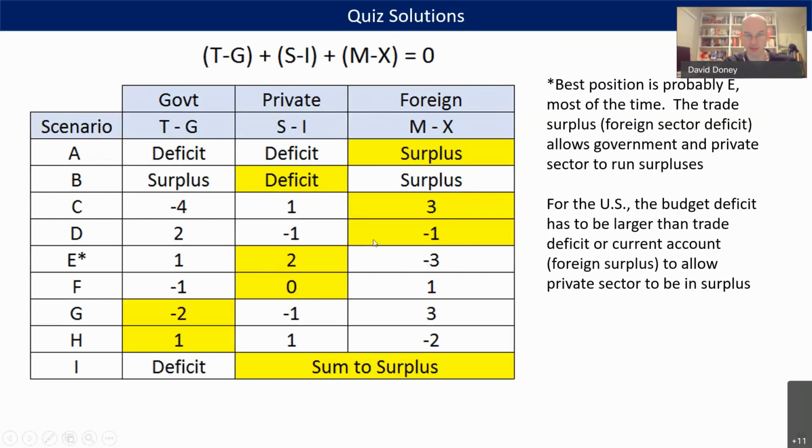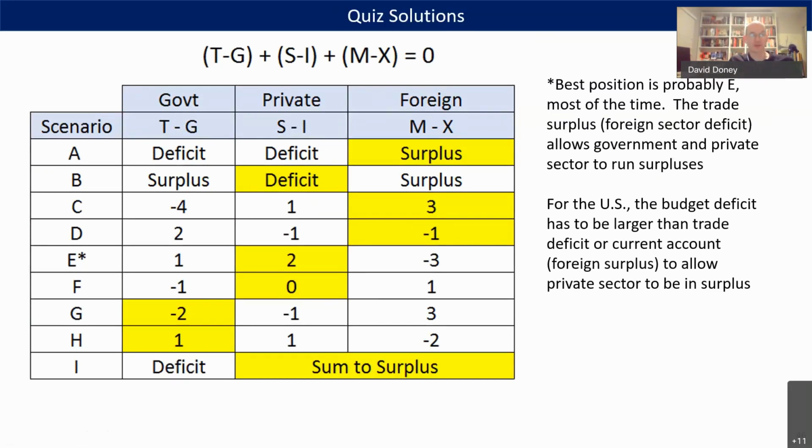So they've got a situation that's going to be like D or E or H, depending, with these negatives in foreign. Remember, we're talking about Japan. It's the rest of the world relative to Japan. So if Japan's got a surplus, the rest of the world's in deficit, which is why that's negative.